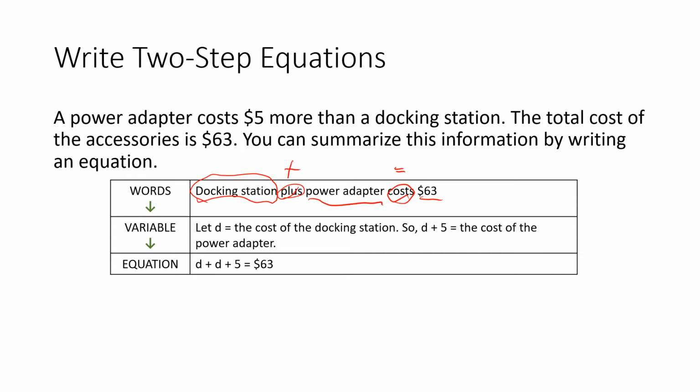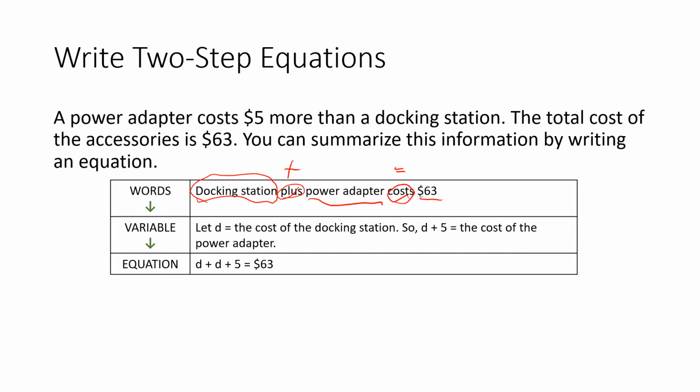And now we just have to figure out what is docking station going to be and what is power adapter going to be. And we know that they are different. It just can't be the same number plus the same number because we know that the power adapter costs an additional $5.